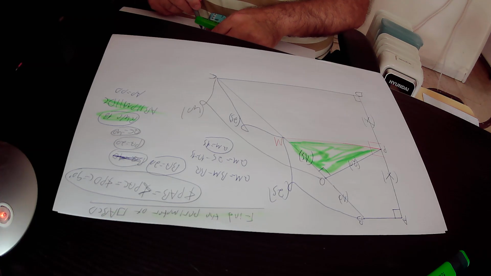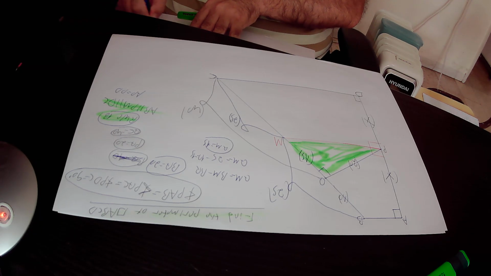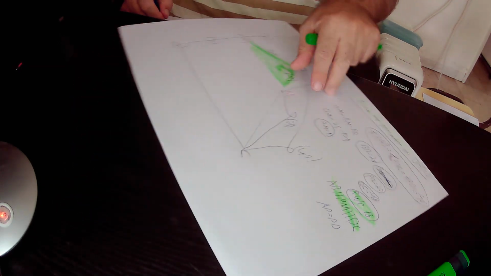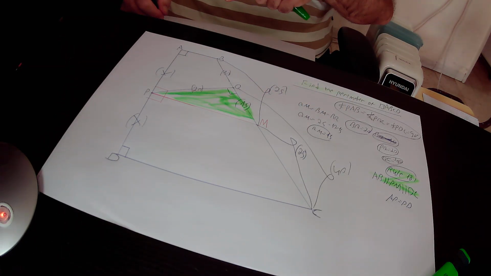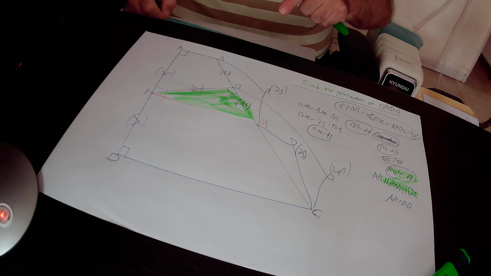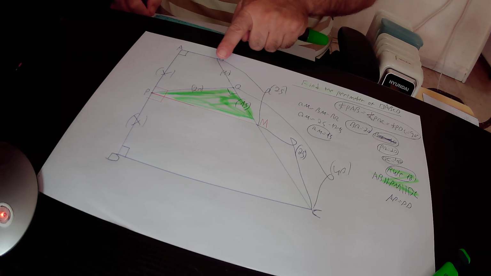So in the right triangle PQM, PM squared, that is the square of the hypotenuse, is equal to QM squared plus QP squared.